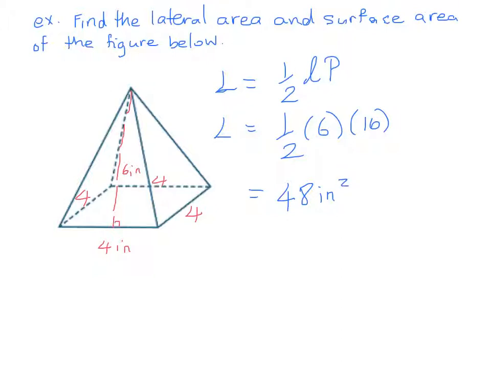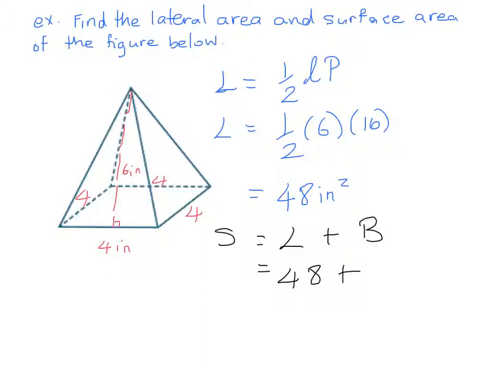So that is my lateral area, but it's not my entire area, because remember that the entire surface area is going to be lateral area, so lateral area L for short, plus base area. Now we did just find the lateral area, so we don't have to do it again. But we now have to find the base area.